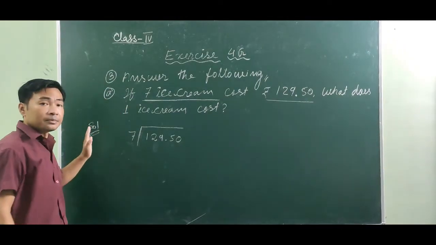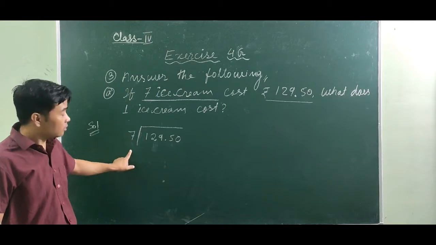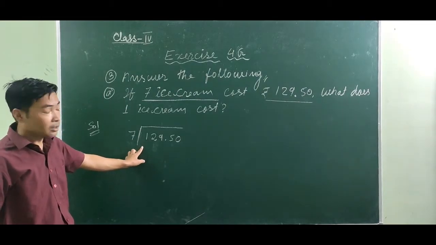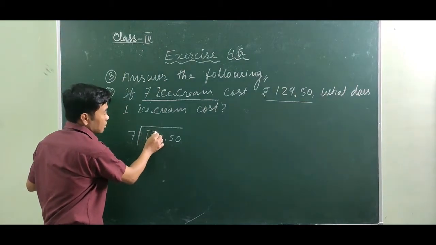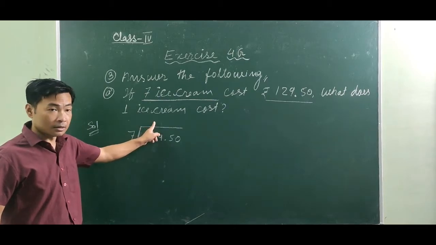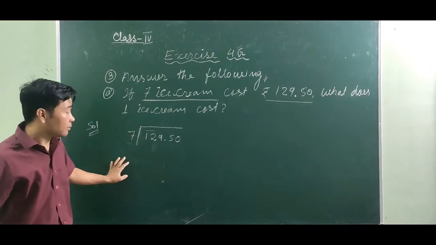Now the same process goes on here. What you need to see is 1 digit, but 1 digit here is small, cannot divide, not possible. So we'll take 2 digits. If you take 2 digits, the quotient you cannot write here, you have to write here. So putting the numbers in the right place is important here.